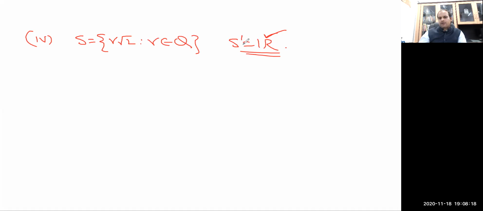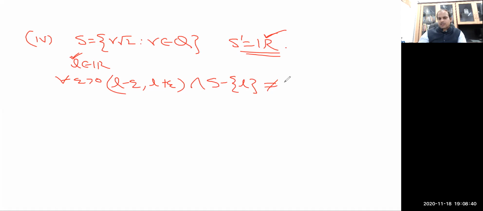This means for every epsilon greater than 0, whatever real number L we choose, every neighborhood of this L is going to contain members of S. Its intersection with the set S other than L is going to be non-empty.